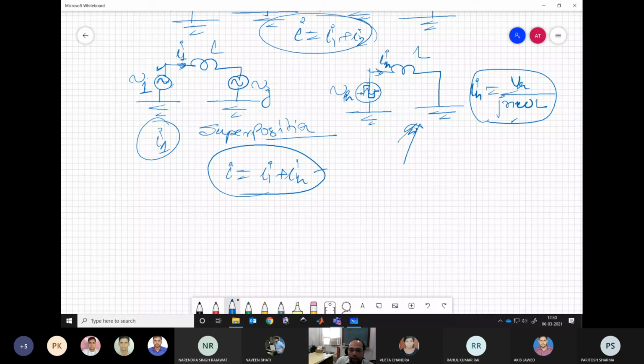Now this is what I am pointing at, that whatever analysis we have done for induction motor can actually be used for any other system having an inverter and another EMF connected to that.